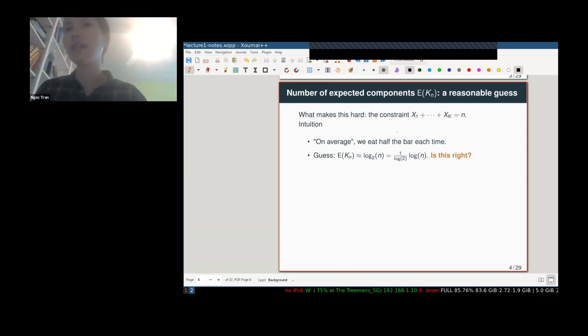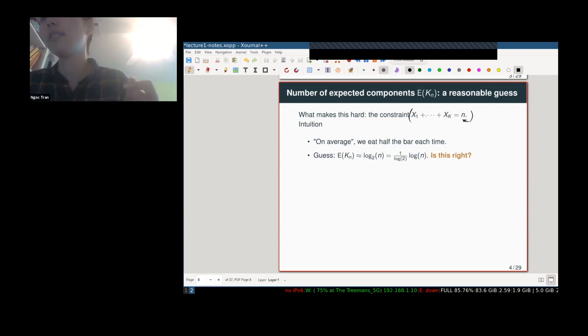You can think about it another way: whatever I do at the end, I have random variables x1 up to xk, and the way I constructed it, they have to satisfy the constraint that I'm partitioning the integer n. My recipe gives me a random partition of a fixed integer.